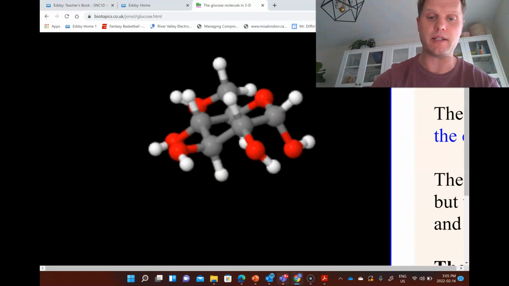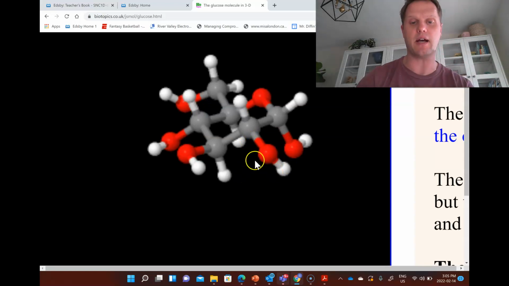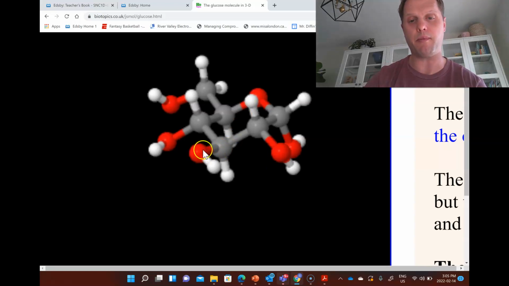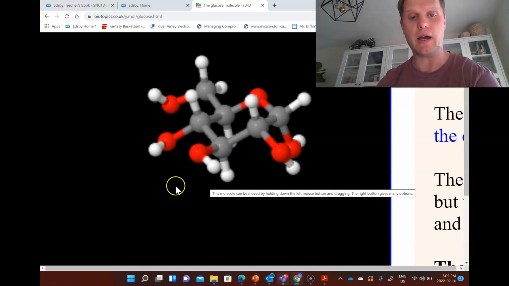The second OH is also pointing underneath the ring. So this is down, down. And then the third carbon, right here, has an OH that is pointing above the ring. So it's down, down, up. And then finally we have the fourth carbon here, and we have down. So it's down, down, up, down.